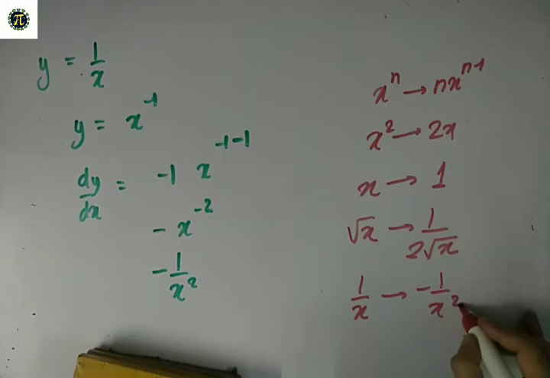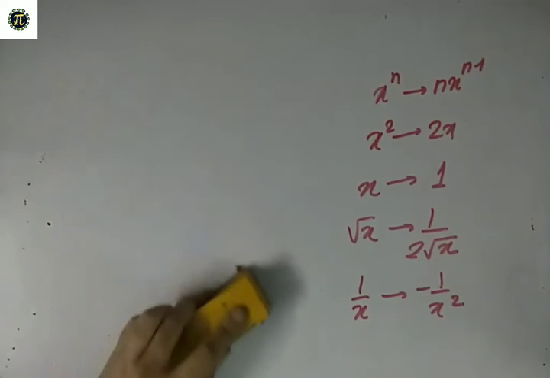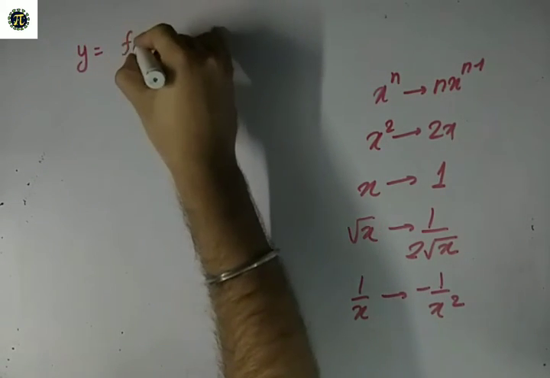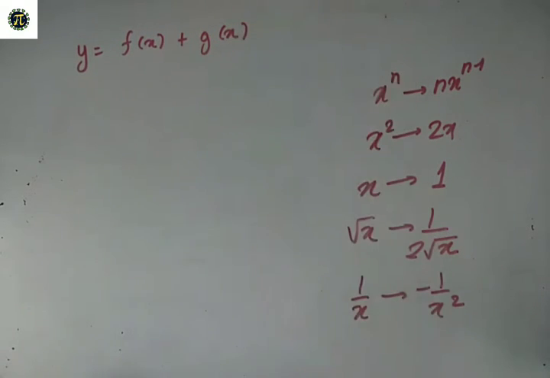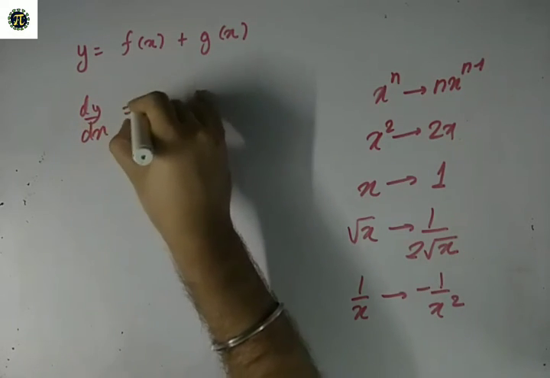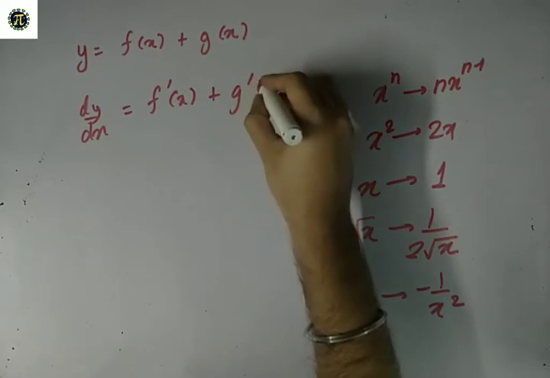Now we can actually differentiate a polynomial also. We can use this formula: if we have y as f(x) plus g(x), then dy by dx will be the differentiation of f(x), that we can call f dash x, and the differentiation of g(x), that is g dash x.